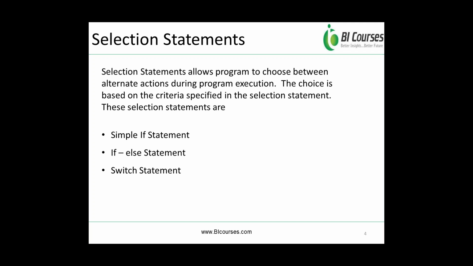If we have multiple choices, what actions need to be done? With this selection statement we can flow the control. There are three selection statements: the simple if statement, the if else statement, and the switch statement.